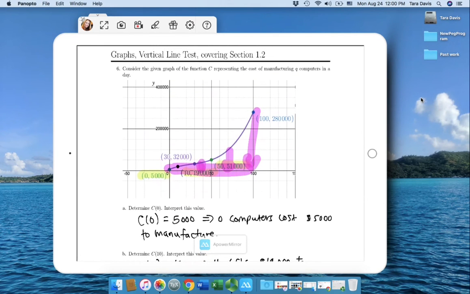So what does that mean? Does that make sense? Remember, Q is the number of computers we make in a day. So the fact that it can't be less than 0 does make sense. How could I have a negative computer, right? And then the fact that it can't be more than 100, well, there are physical constraints on a factory.